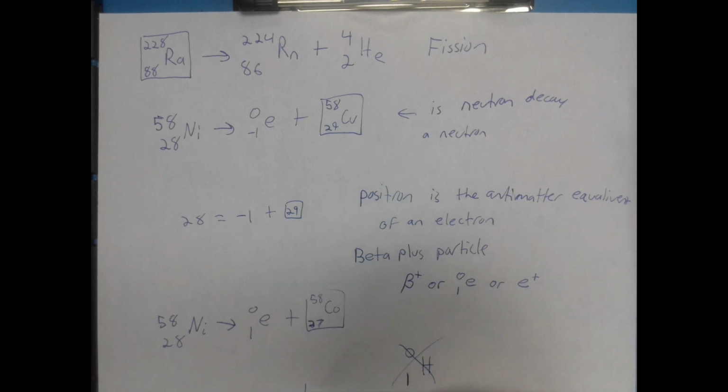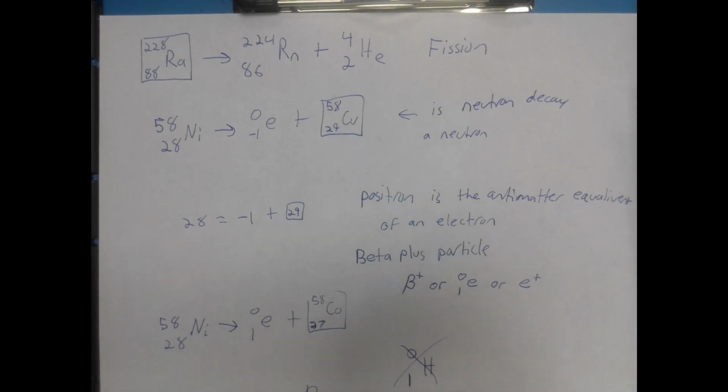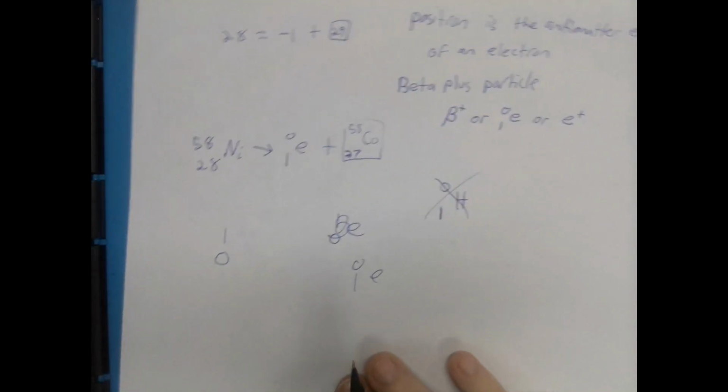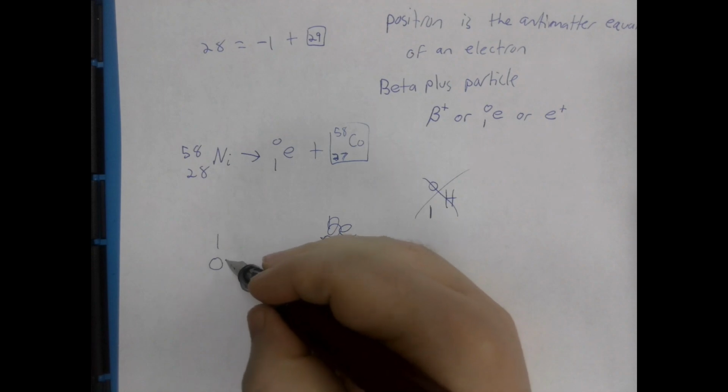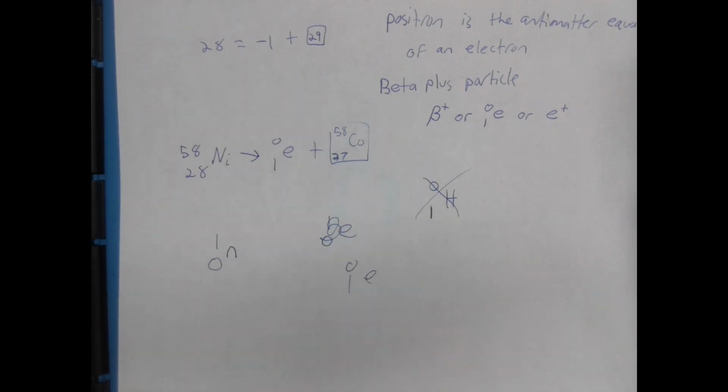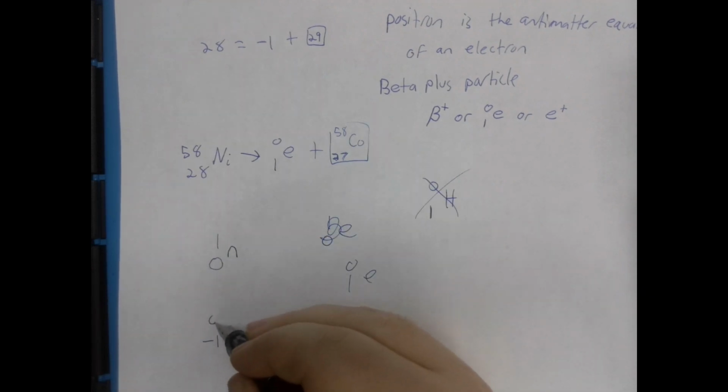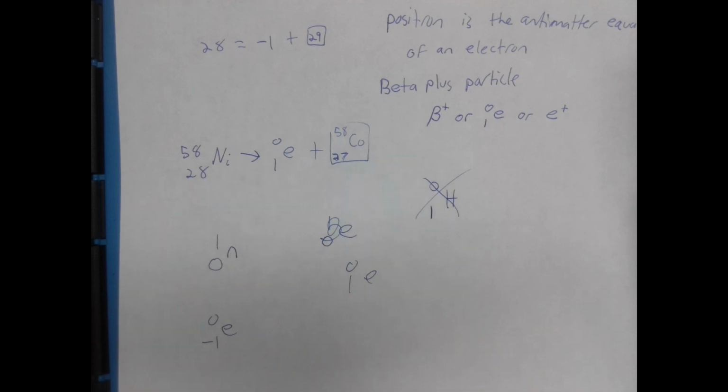This will be a positron. If I did 0 and 1, you could memorize that as a neutron. A negative 1 and a 0 is going to be an electron.